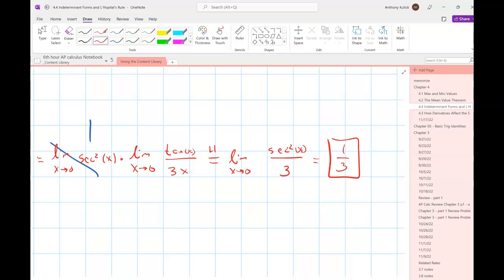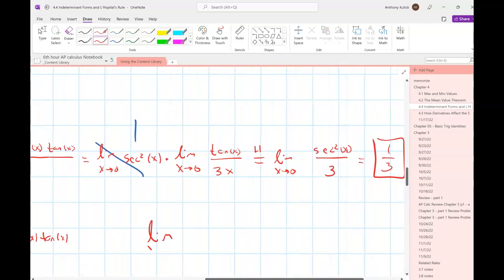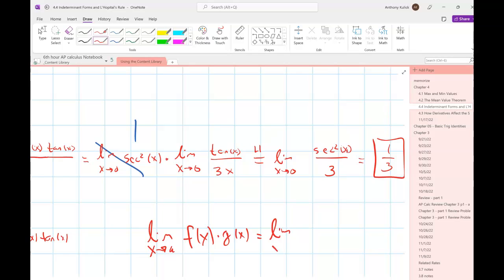Phil. How did you get rid of the entire secant squared x? Like, where did that go? Oh, just this one. Okay. So this was a property of limits from back in chapter 2: the limit of a product is the product of the limits.